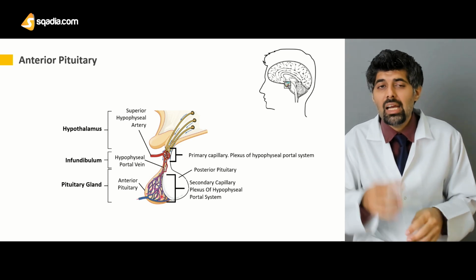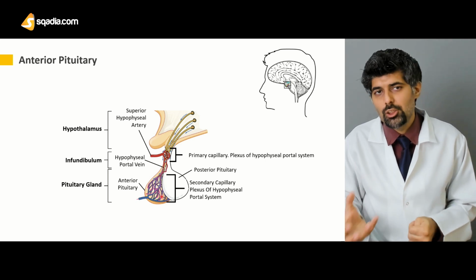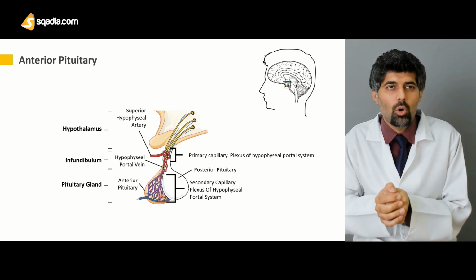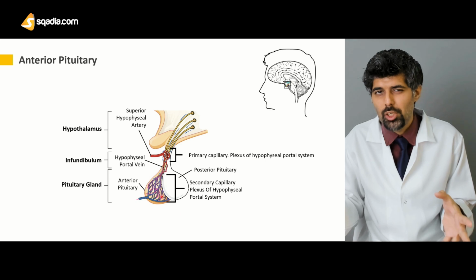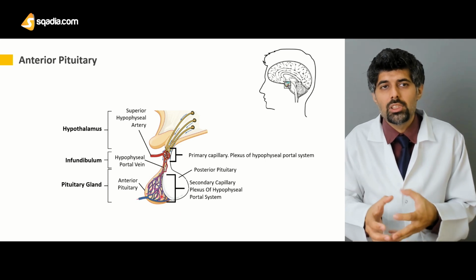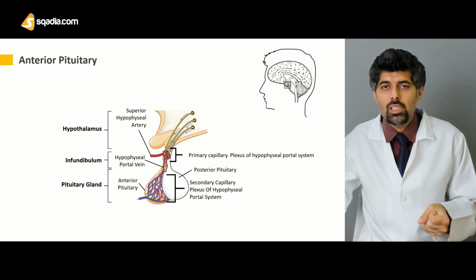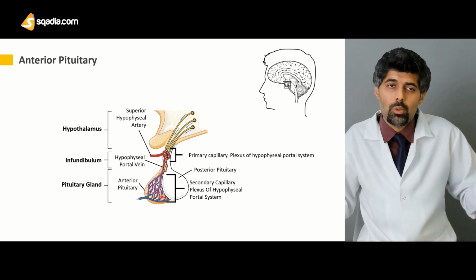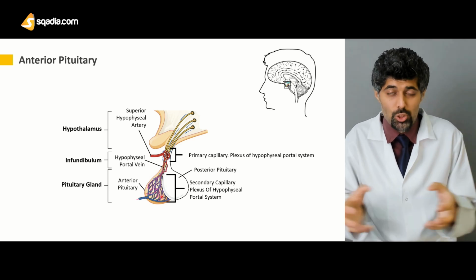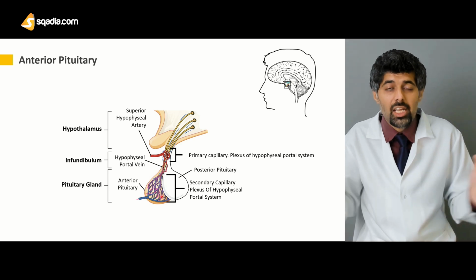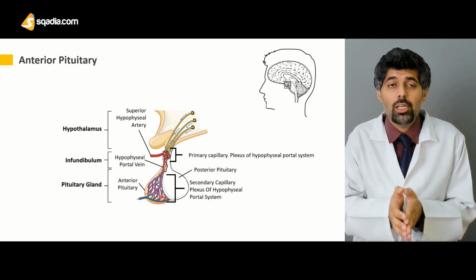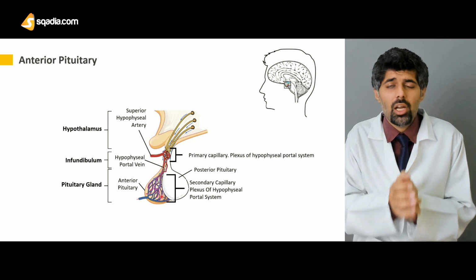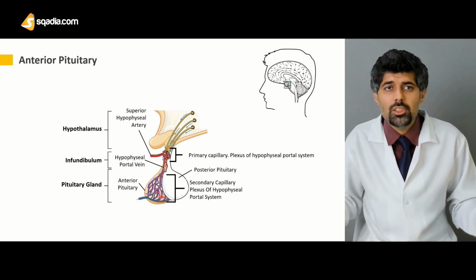Because this venous bed has fenestrations. Fenestrations mean that it has large holes, or a sieve-like structure, and because of these sinusoids, the transfer of the hormones synthesized by the anterior lobe of the pituitary can take place easily. There's no need for any gradient, any receptor system, or any kind of secondary messenger system.